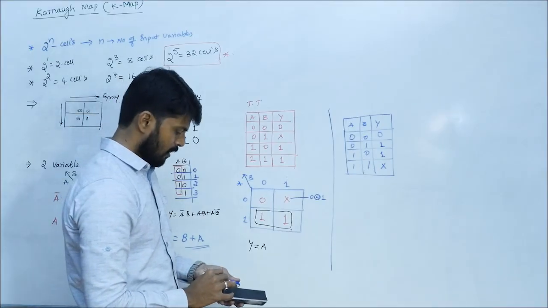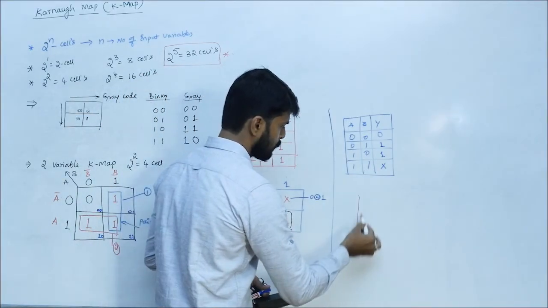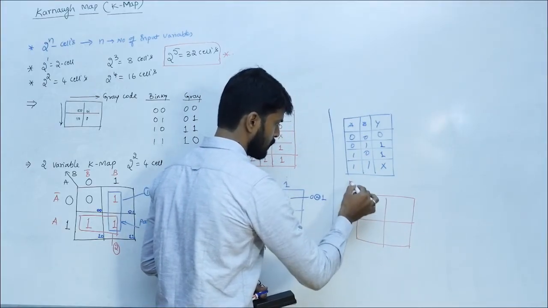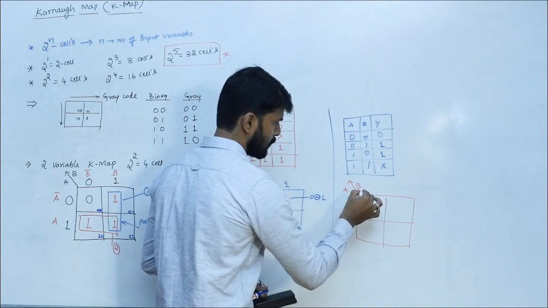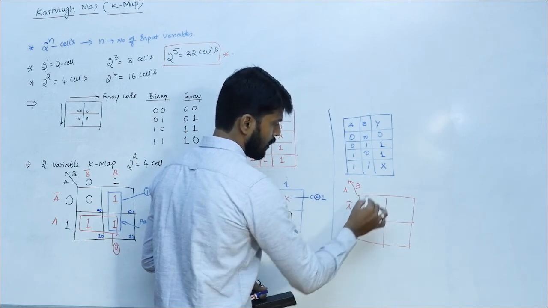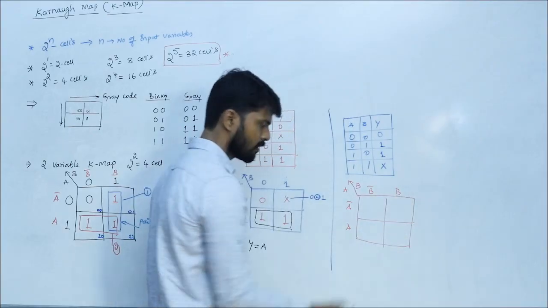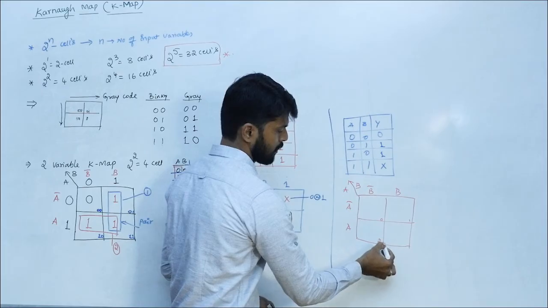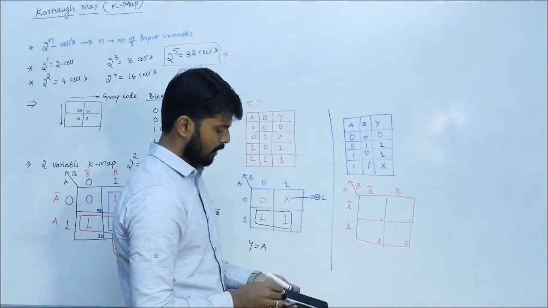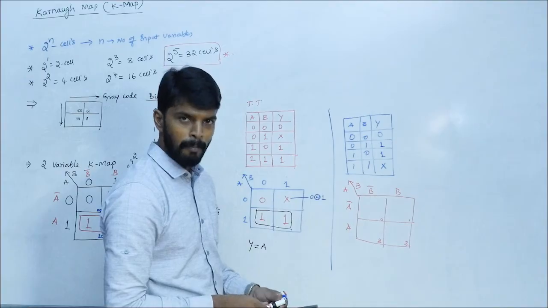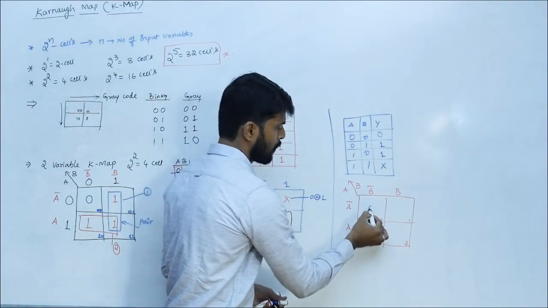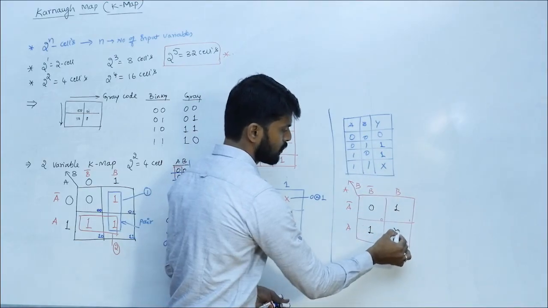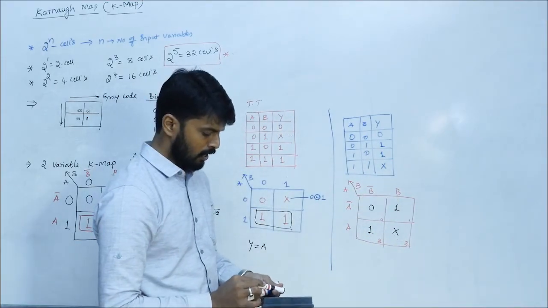So in this case, how do we draw the K-map? First I will draw the K-map. This is A and this is B, with A bar, A, and B bar, B. In this scenario, this is the 0th place, this is the first place, the second place and the third place. Here I need to do the mapping, so first I will do the mapping. The 1 here, 1 here, and this is the don't care. Now I need to do the grouping.